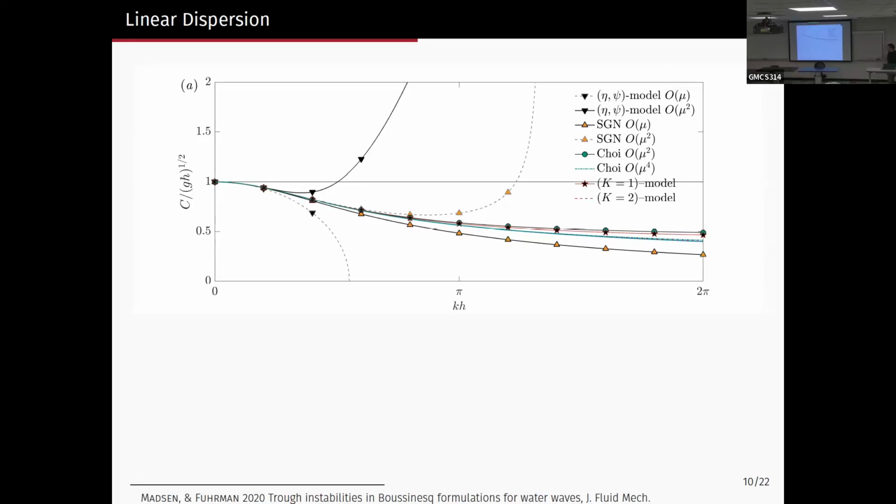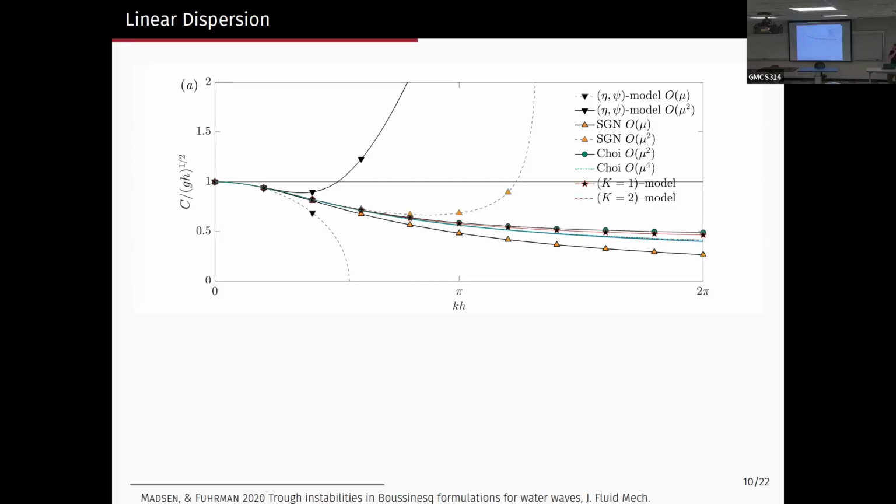I want to emphasize that because, for example, the Boussinesq type models that have instability have good linear dispersive properties. That said, this check is not enough, but it's the first that you have to do. And then you have to do numerics. You cannot do it without numerics. You cannot be sure that your model is good without numerics.